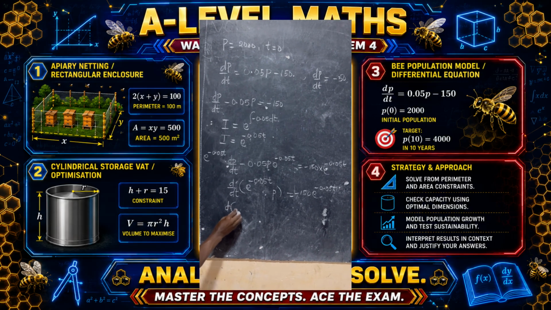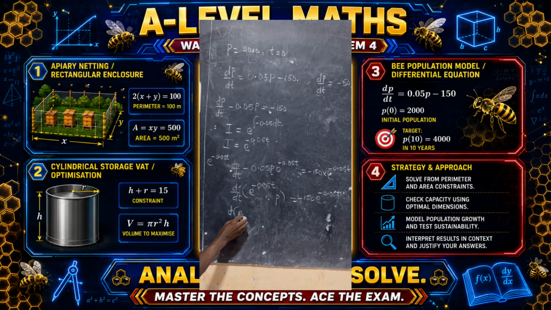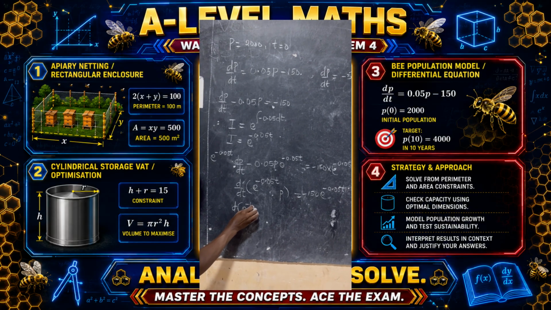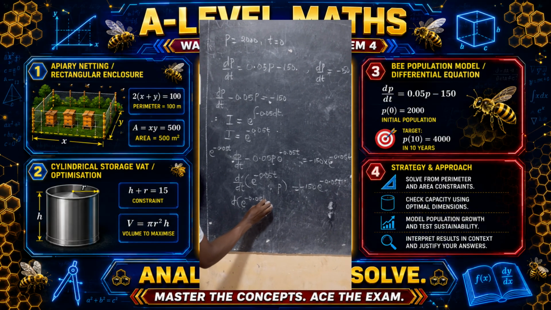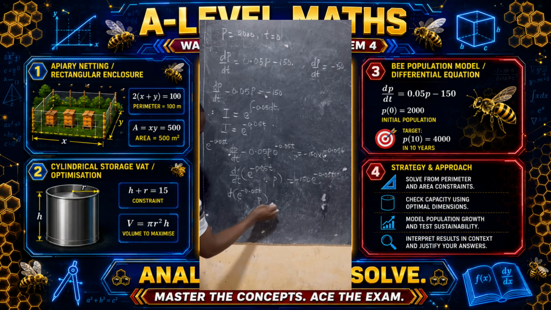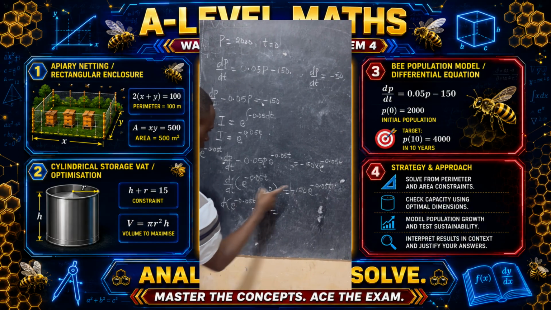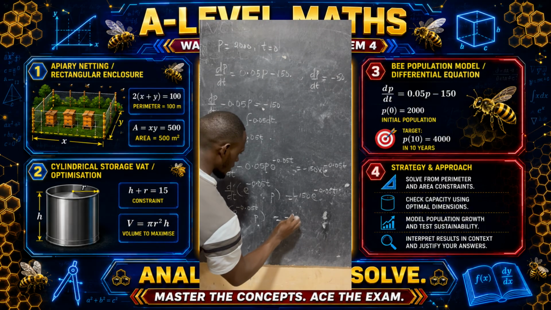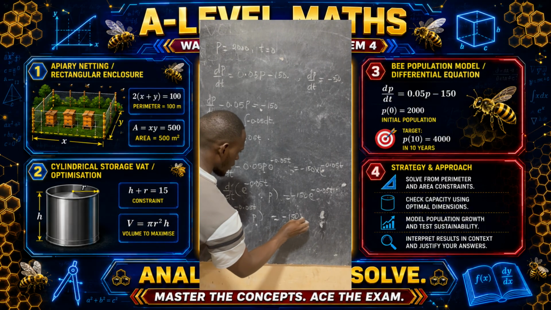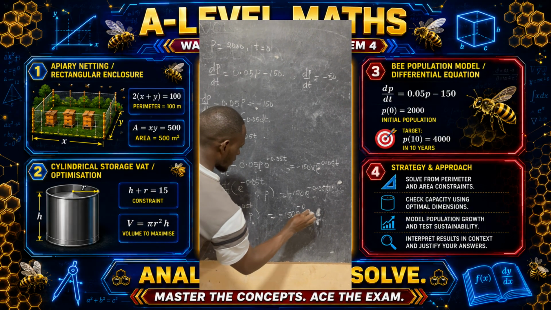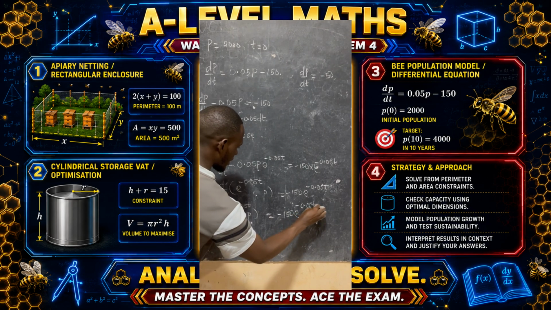This is a d of exponential negative 0.05t p is equal to, the dt has crossed, negative 150 exponential negative 0.05t.